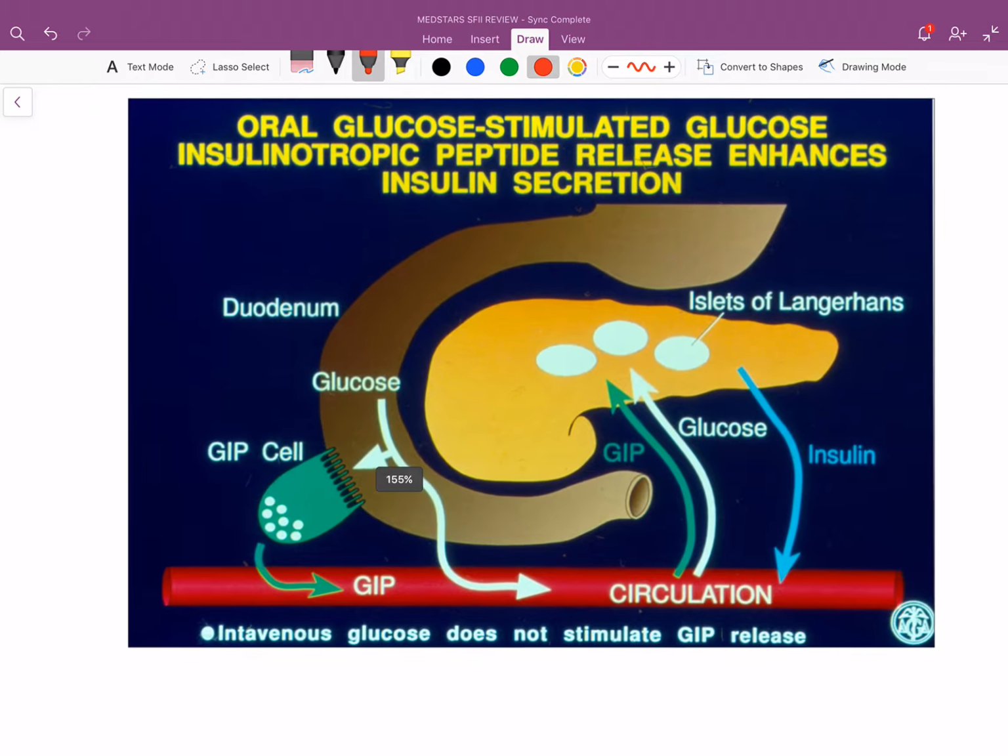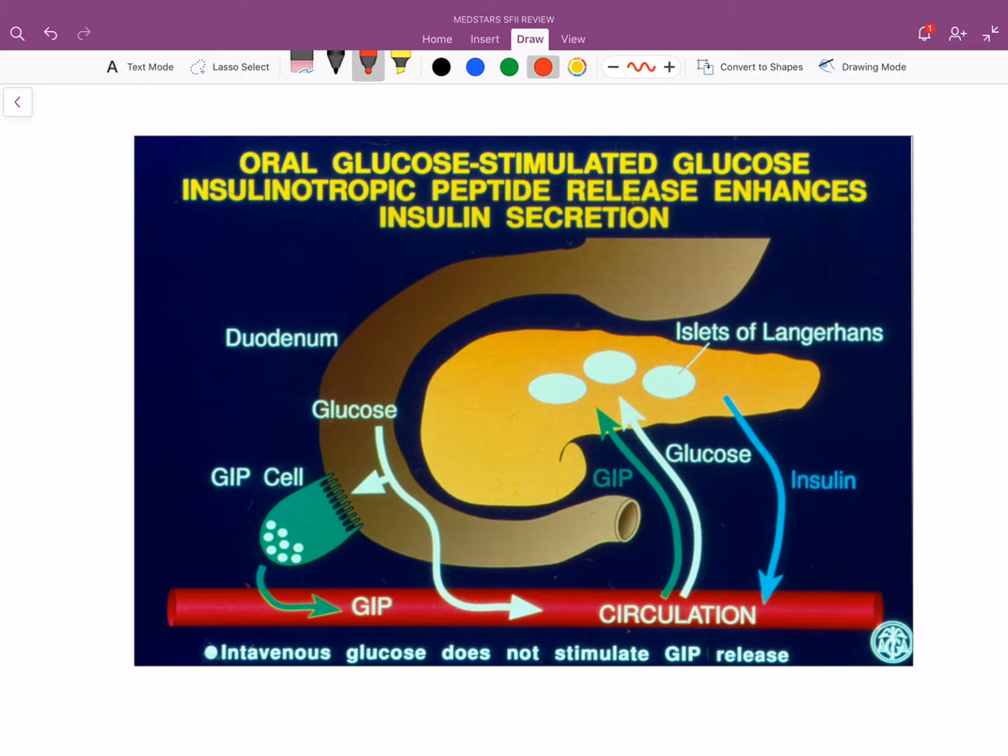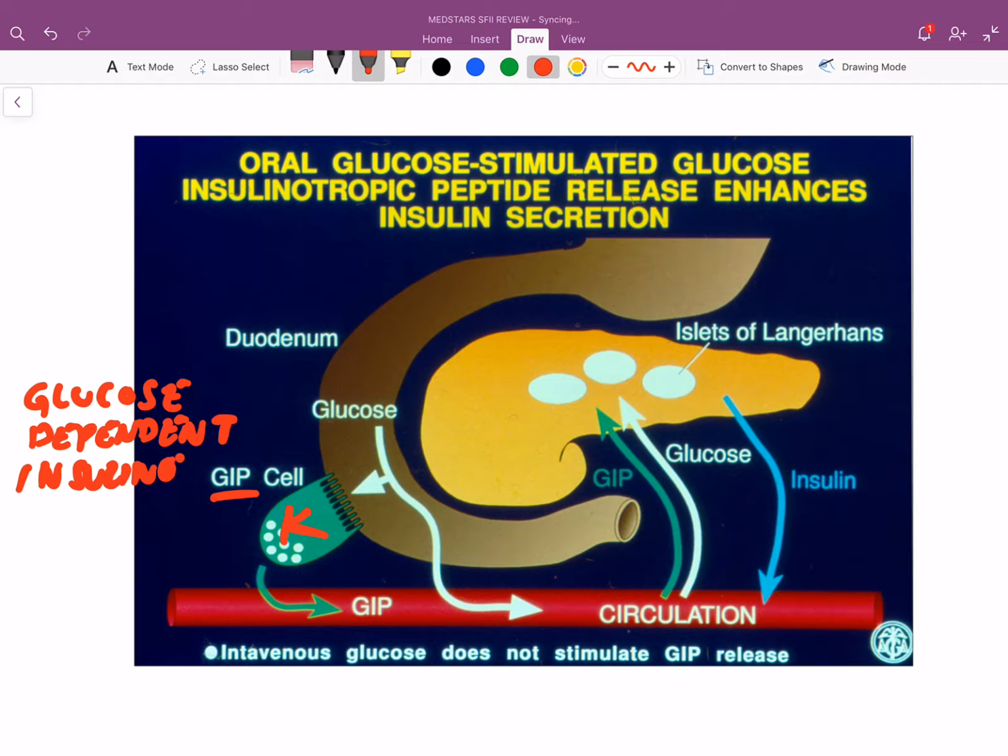This is very high yield here. Remember I talked about these K cells, right? I said K cells secrete GIP. GIP has a bunch of different aliases, but I like to think of GIP as the glucose-dependent insulinotropic peptide.